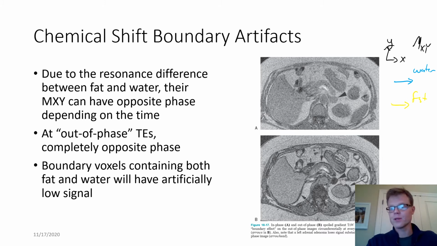But since they're at different frequencies, you can have different phase. Say water is not changing resonance frequency, so it's always pointing in the same direction, but fat is actually rotating at different echo times. And so in the bottom image, we're getting some signal cancellation in these boundary boxes that have both fat and water.